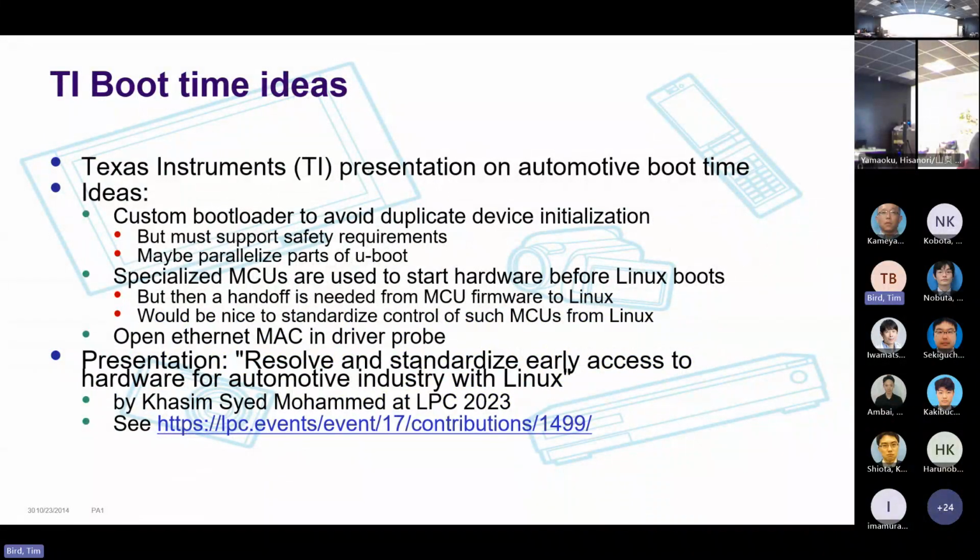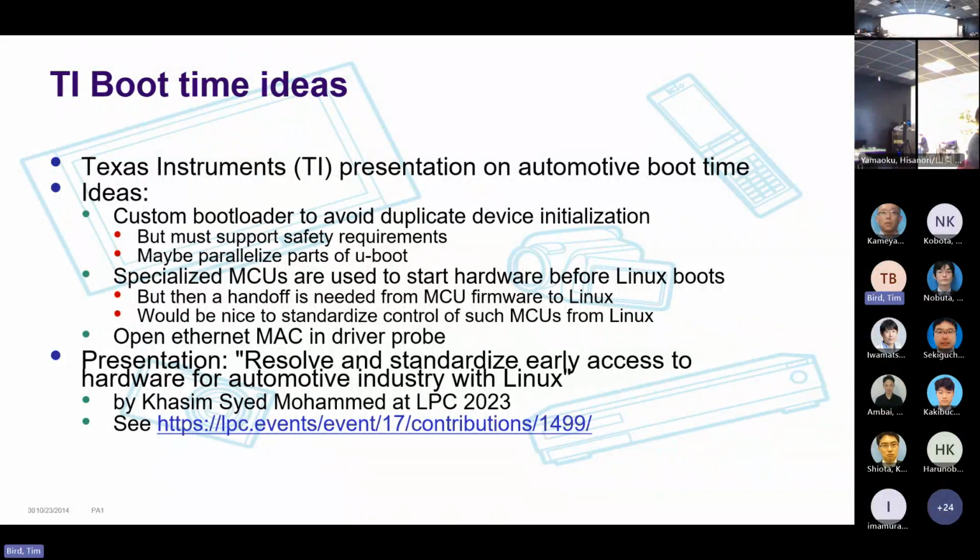There was also some other discussion at Plumbers about boot time. TI presented a number of different ideas for how they're approaching boot time reduction for automotive cases. If you're interested in working on boot time, I highly recommend looking at this talk, which was presented at Plumbers, Resolve and Standardize Early Access to Hardware for Automotive Industry with Linux.